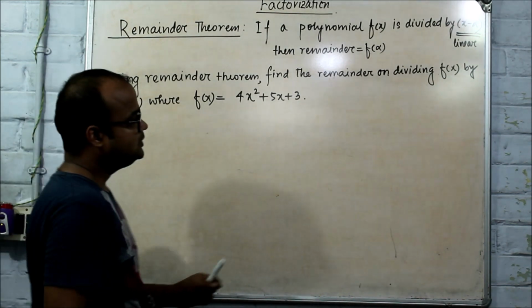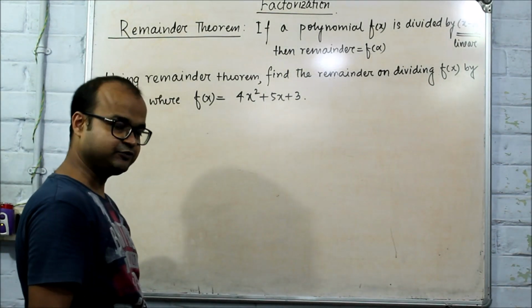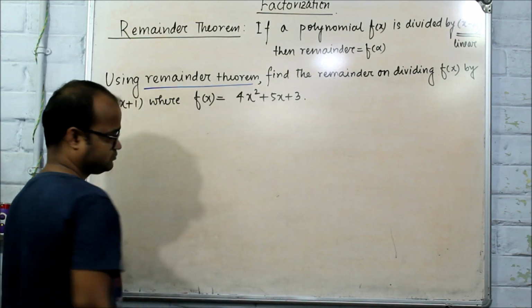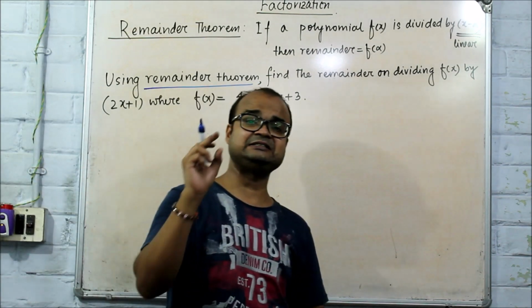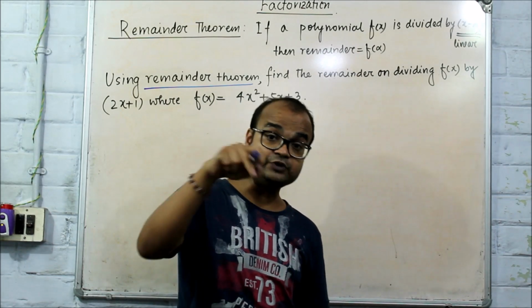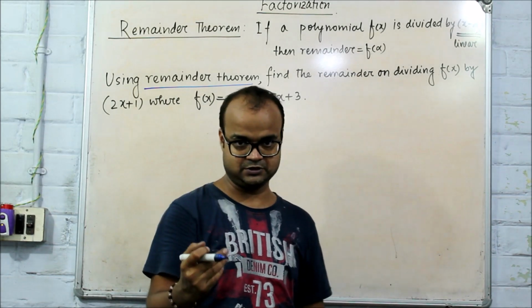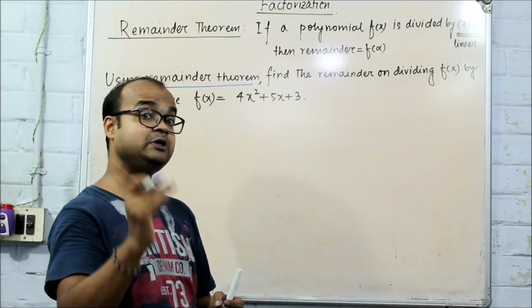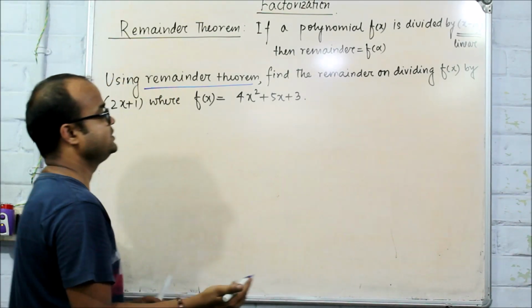Now let us take one example to explain this. Using the remainder theorem, or in some sums it is given as find the remainder without performing the division. So either it is directly stated to you or it is given as without actual division.